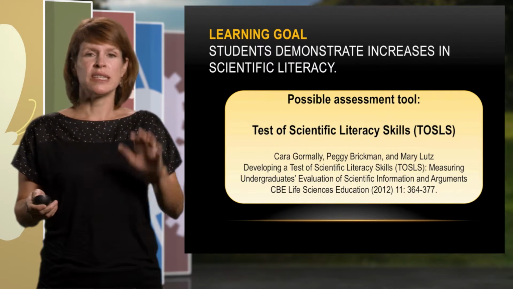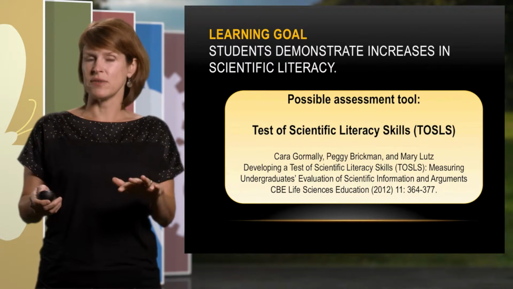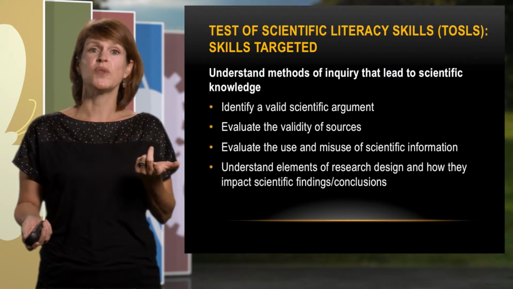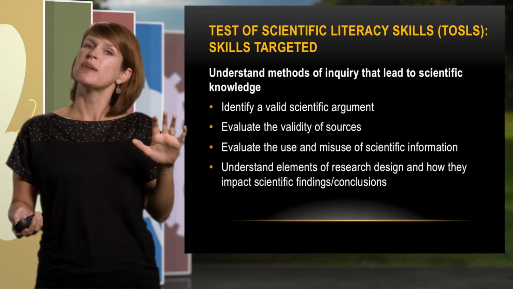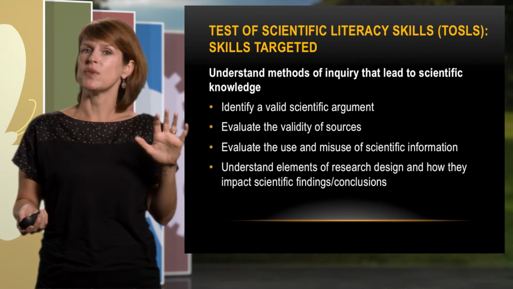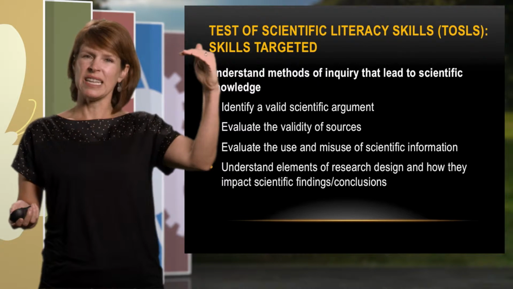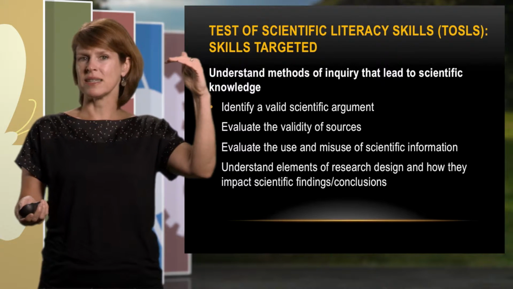It measures 9 different skills that fall within scientific literacy, and these 9 skills fall within 2 categories. So the test determines students' ability to understand methods of inquiry that lead to scientific knowledge. And in that category, we have 4 different skills that the TOSLS evaluates.